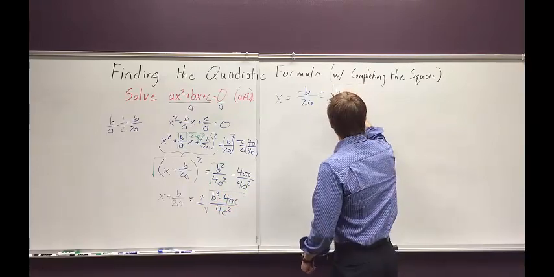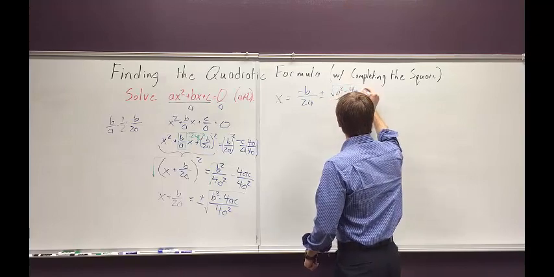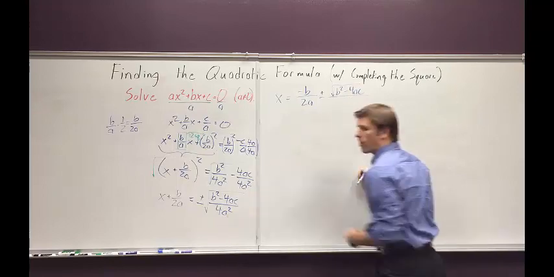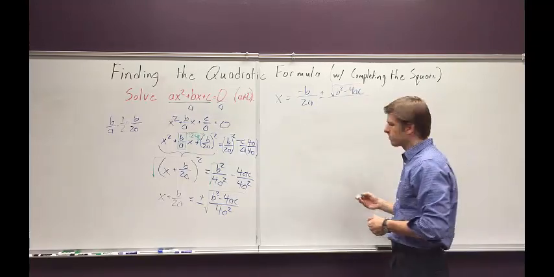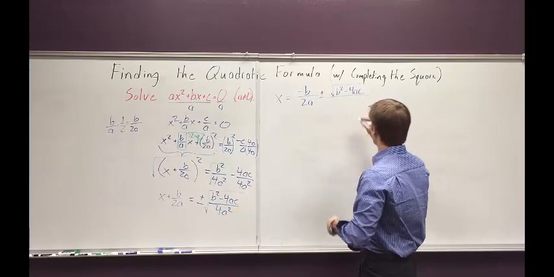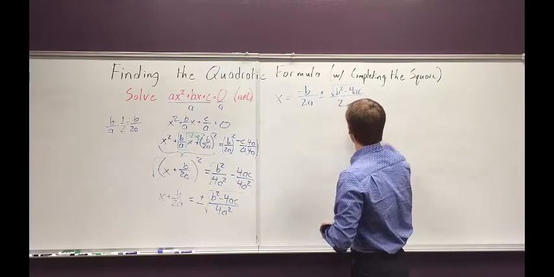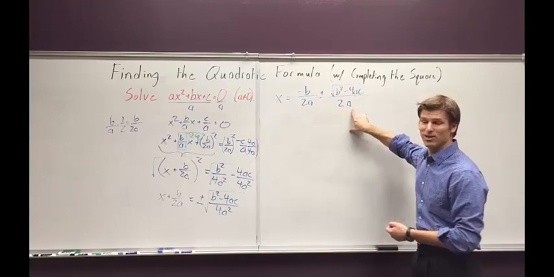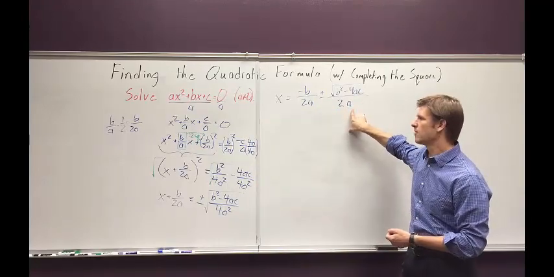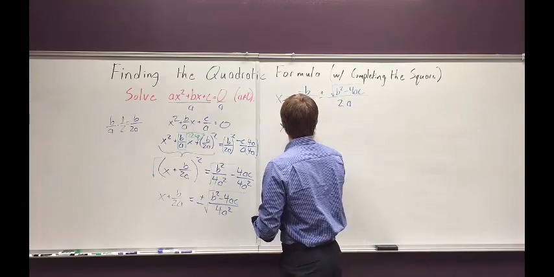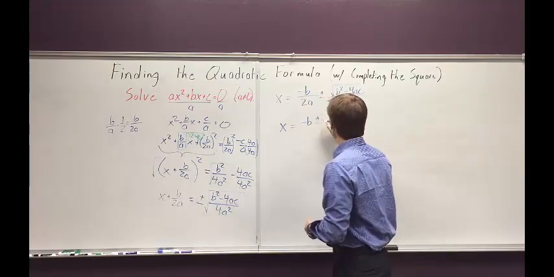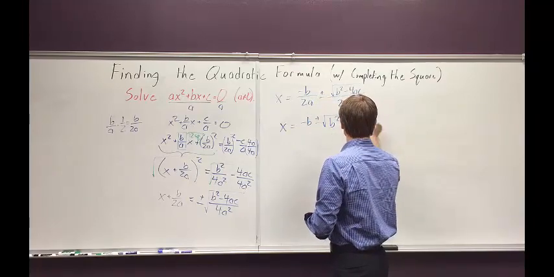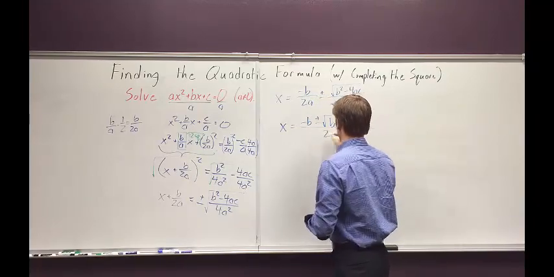The numerator, not much chance of getting simpler there, but the square root of 4a squared is pretty handy, because the square root of 4 is 2 and the square root of a squared is a. This is the first time things really work out well. Both of the denominators are the same, so we get x equals negative b plus or minus the square root of b squared minus 4ac all over 2a.